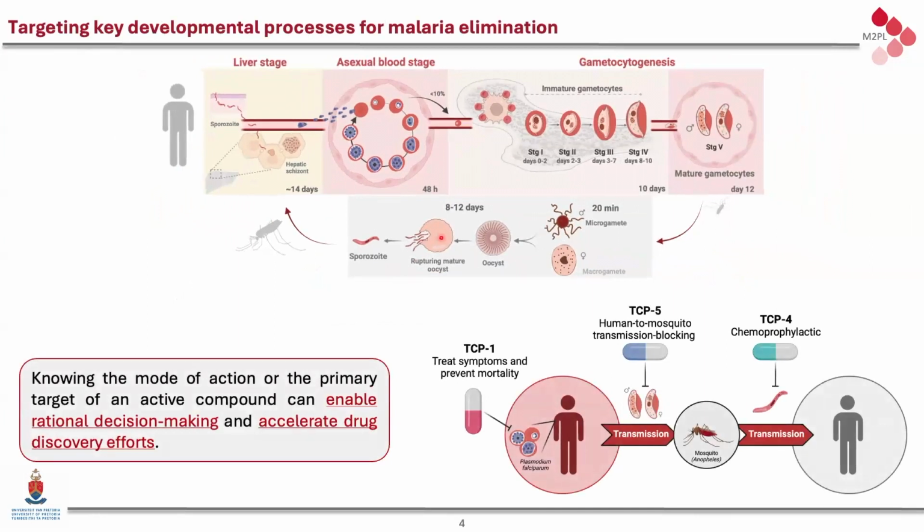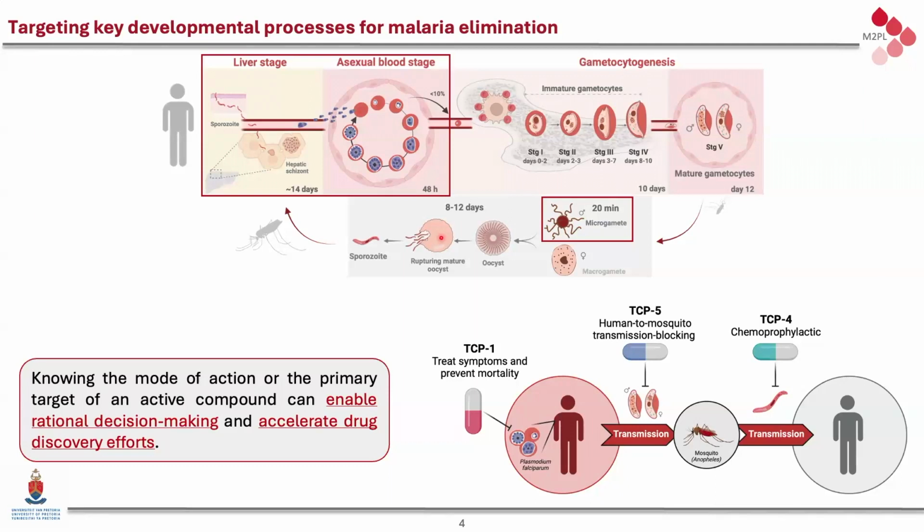So in our lab, we firmly believe that it's essential to integrate fundamental biology with drug discovery, and knowing the mode of action or the primary target of an active compound can help us in our future decision-making and drug discovery efforts. Asexual proliferation is a key developmental process present during multiple phases of the parasite's life cycle, which harbors numerous proteins that can potentially be exploited as drug targets.